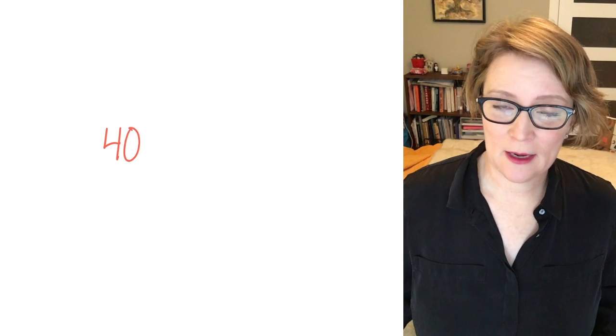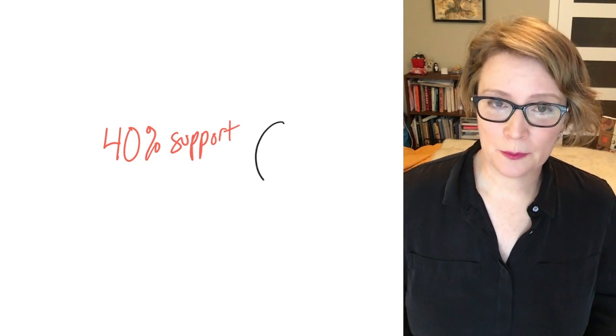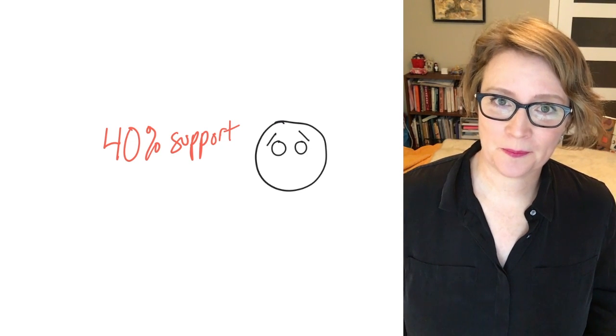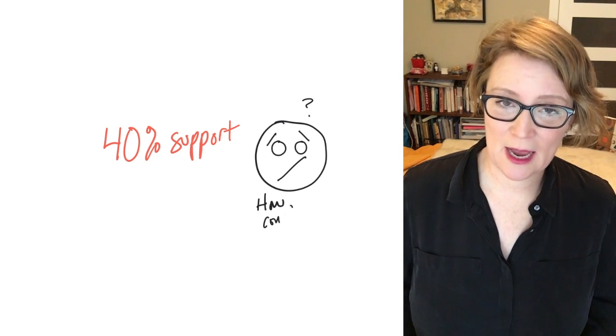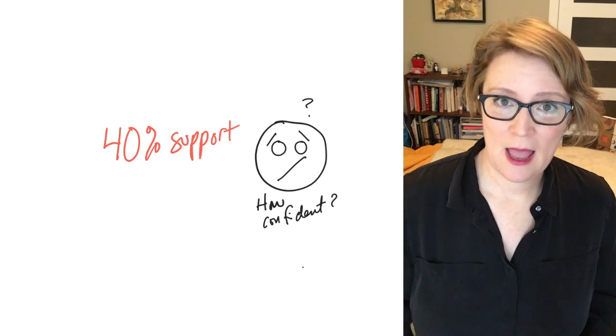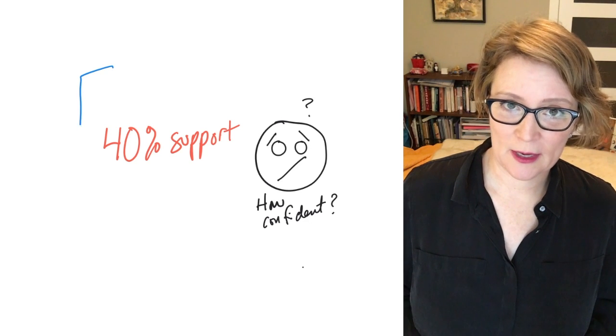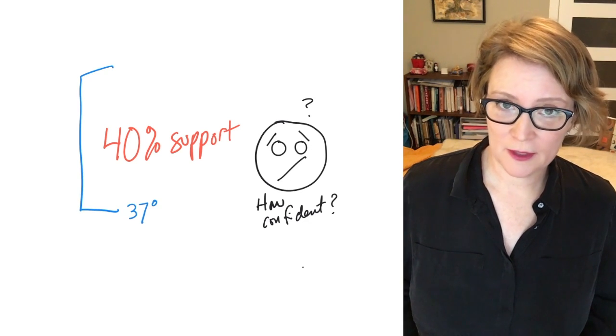For example, if you're going to say that 40% of the people in a community support a new garbage collection system, how confident are you that 40% represents the actual truth on the ground? And usually that's reported as a margin of error or confidence interval.